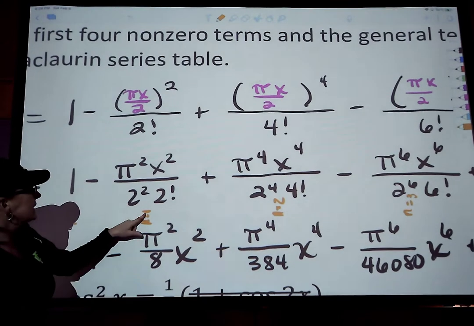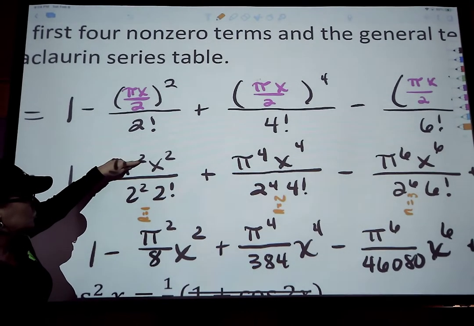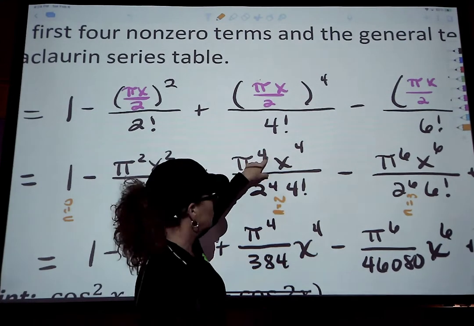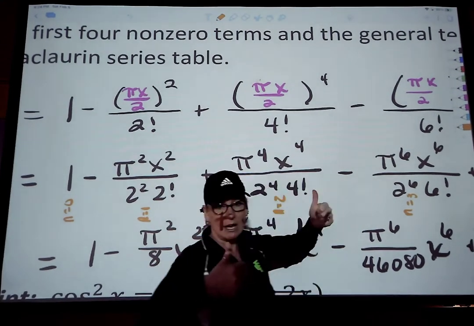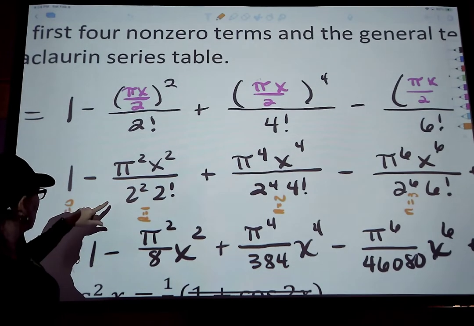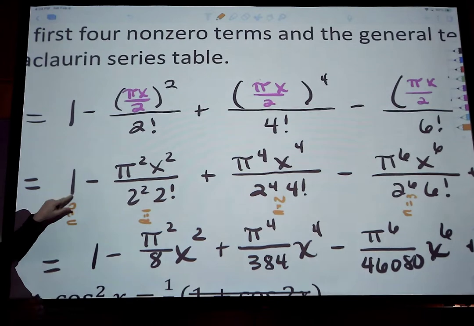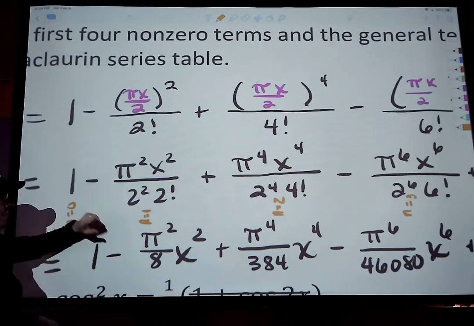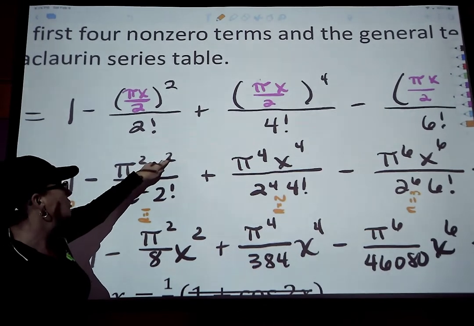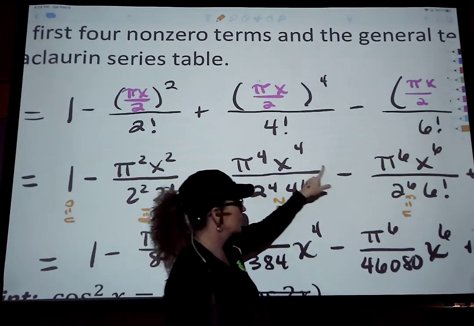So when n is 1, I think I want pi to the 2n. Pi to the 2n. I like it. And also it works back here: when I do pi to the 2 times 0, no pi left. x to the 2n.